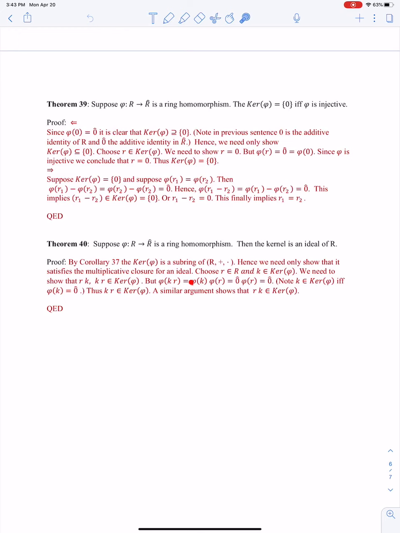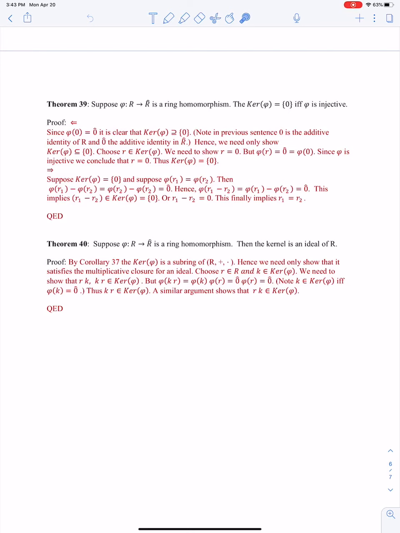Okay, but what's phi of k? Well, remember, k was chosen to be in the kernel. So if k is in the kernel, phi of k has to be 0 hat. So we have 0 hat times phi of r, but guess what? The additive identity of the ring times anything in the ring, we proved, is the additive identity again.